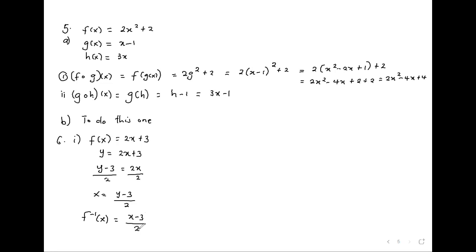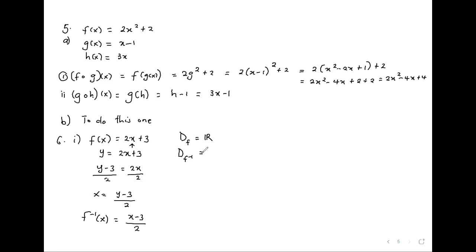Then, in each case, give the domain and range of both the function and its inverse. So let's give the domain of f. The domain of f, this one is just all real. How do we know? Any value of x that we take there, the function will be defined. So it is all real. Let's see the domain of the inverse. The domain of the inverse, again, its denominator is constant, 2.